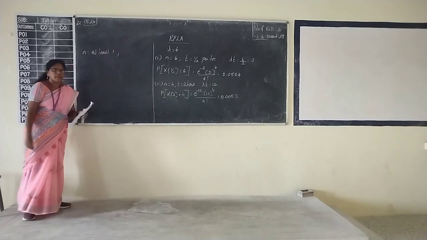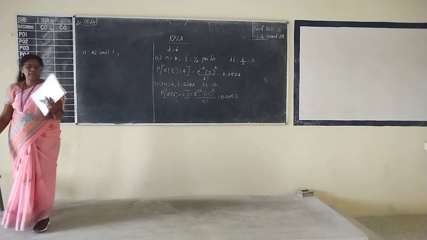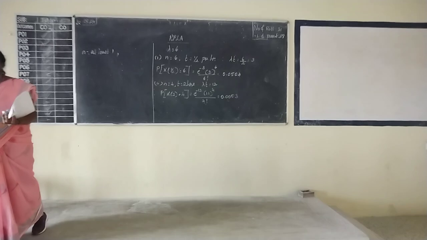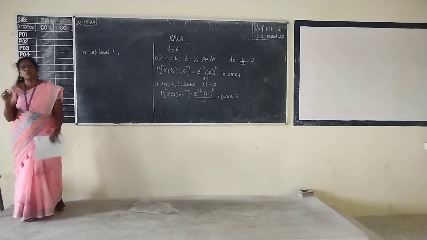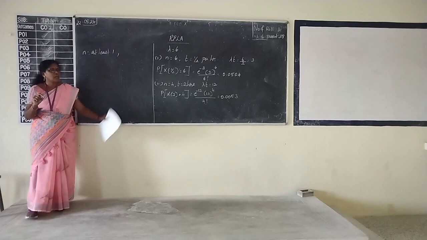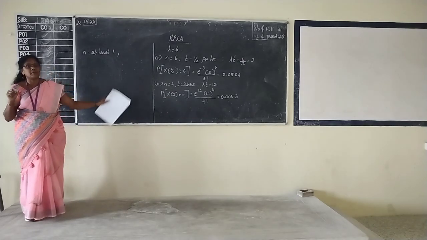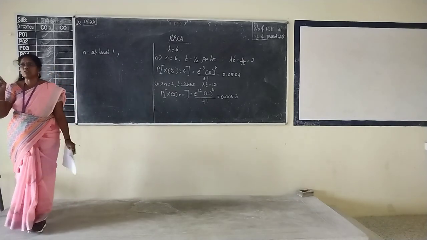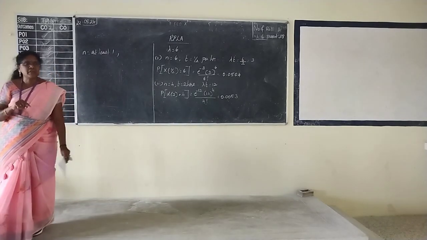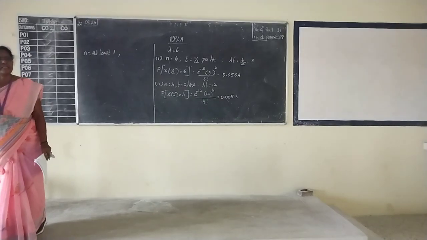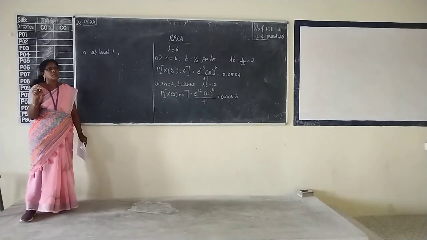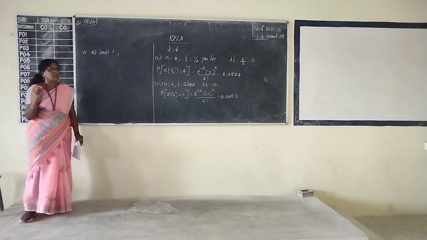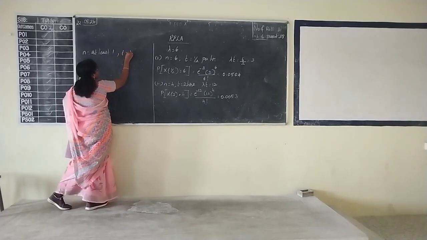At least 1. What is the next one given? In the next 15 minutes. So what is the t value? 1 by 4. We will convert it to hours now, because in the first two subdivisions t was taken in terms of hours. Even though it is given in minutes, you must convert it to hours. So 15 minutes means 1 by 4 hours.